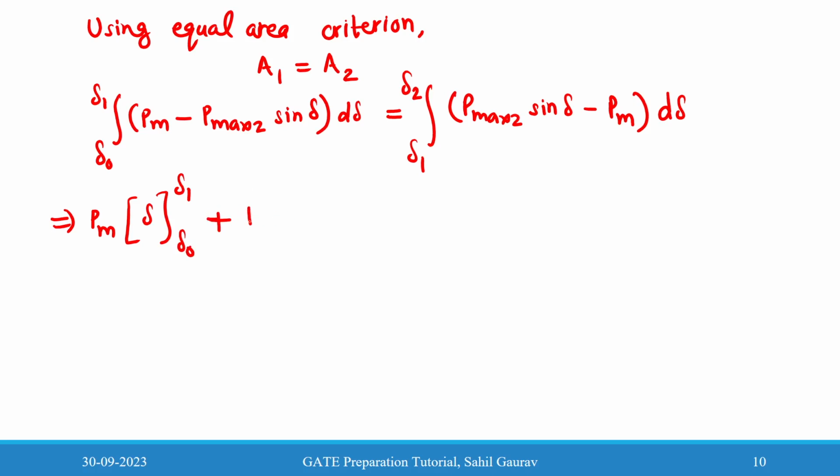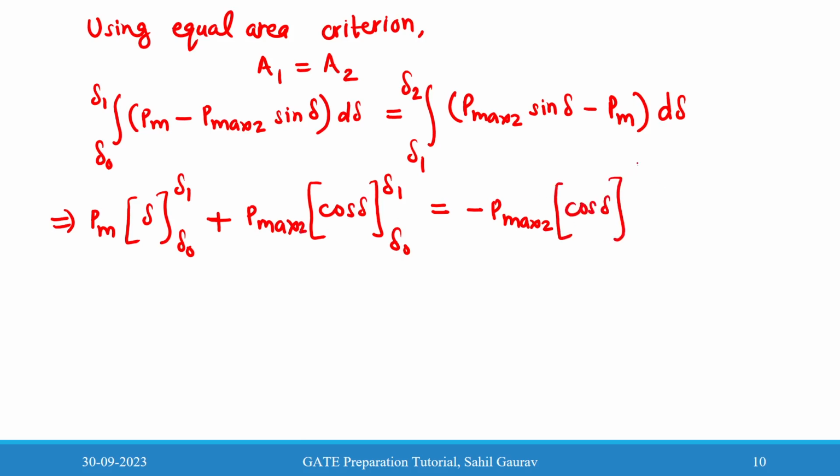Integration of sin delta is minus cos delta, so it will be plus P max cos delta from delta naught to delta 1, and again here P max 2 cos delta from delta 2 to delta 1, minus Pm delta from delta 1 to delta 2.